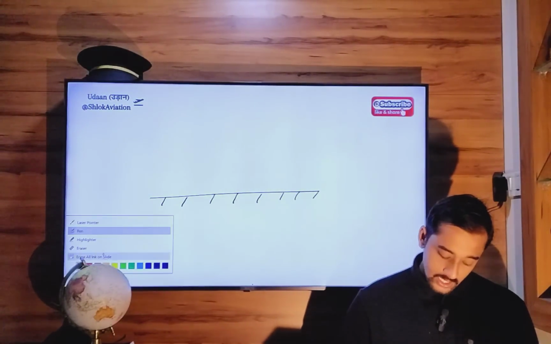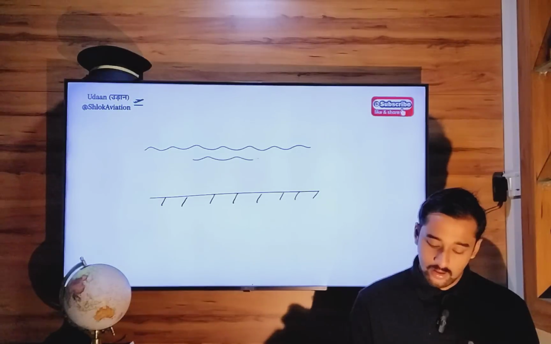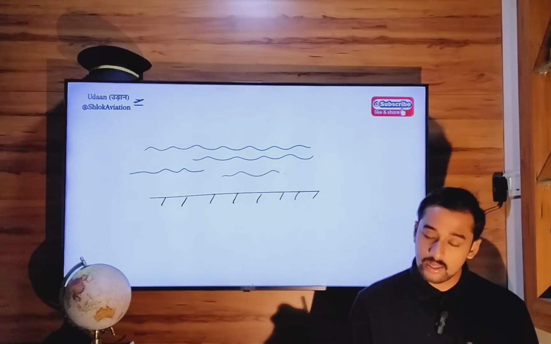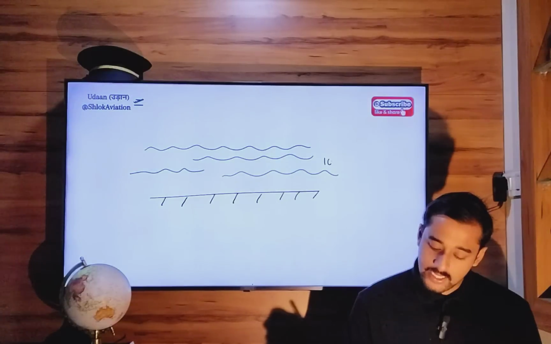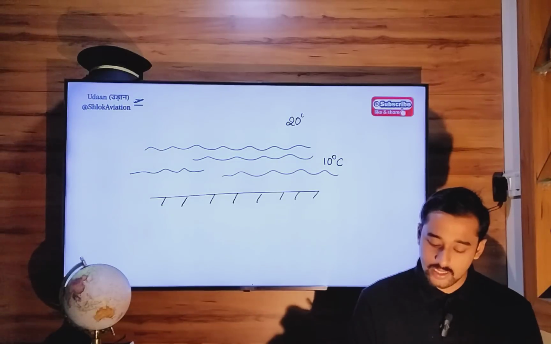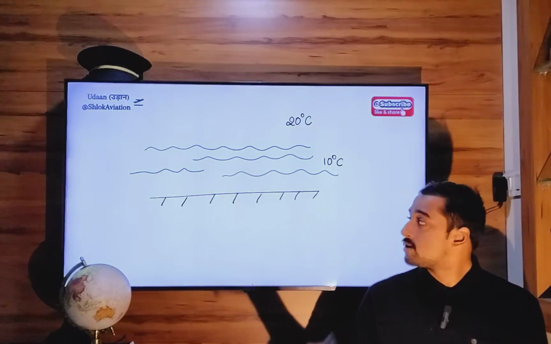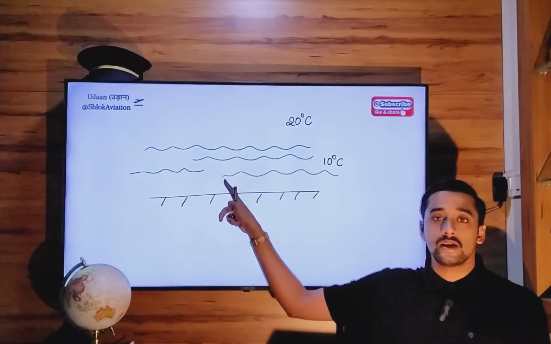There is an inversion layer in the first 1000 feet where the temperatures are very cold. Let's say the temperature is 10 degrees Celsius, and above this inversion layer the temperature is 20 degrees Celsius. Now they have asked what weather conditions we are to expect in this inversion layer.